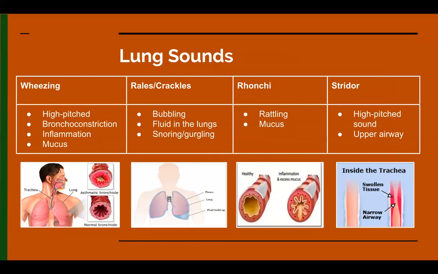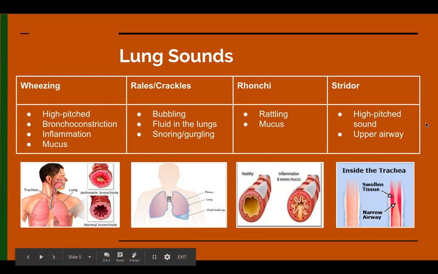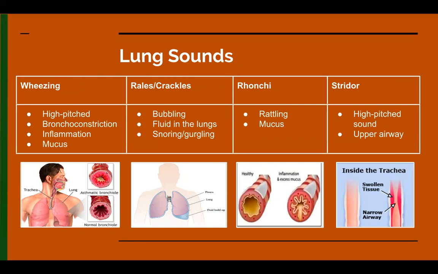Okay, lung sounds. So all these pictures go with the above description of the lung sounds. And in my opinion, this is the topic that EMT school does the worst job at teaching. And it's not their fault, right? It's because you have to learn it in the field really to get a good understanding of what different lung sounds mean and how to recognize them, because it's hard when they're just being described to you and you can't really hear it.